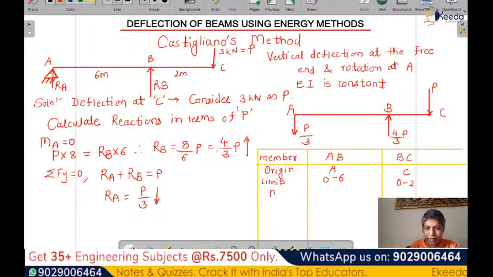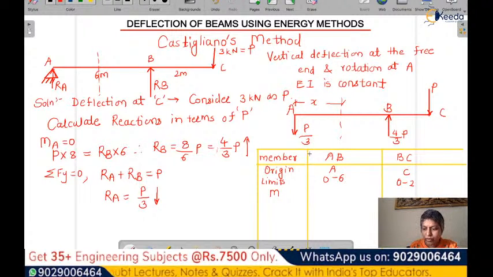Now the capital M moment equation. Because of P, what will be the moment at the AB part? It will be minus P by 3 into X, where X is the distance from the starting point, 0 to 6.